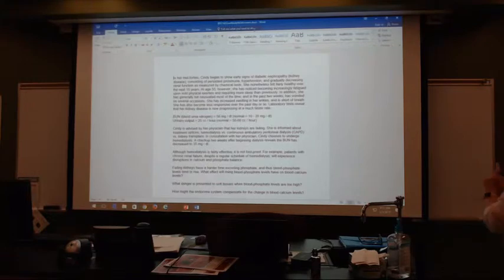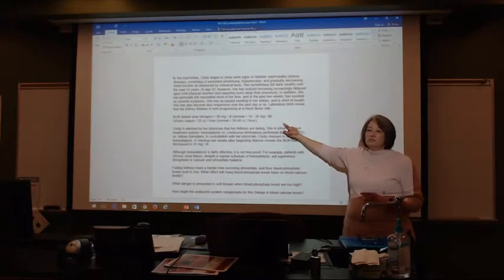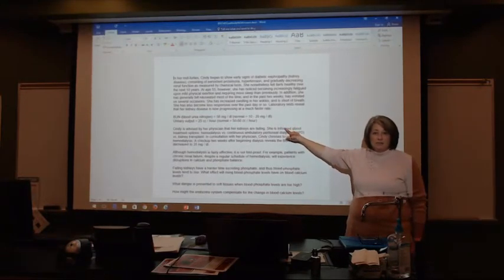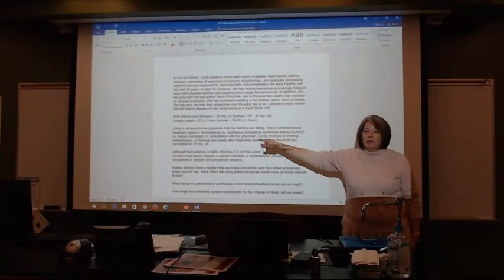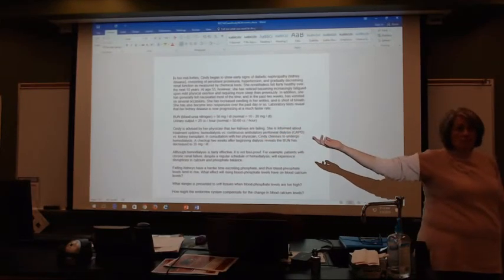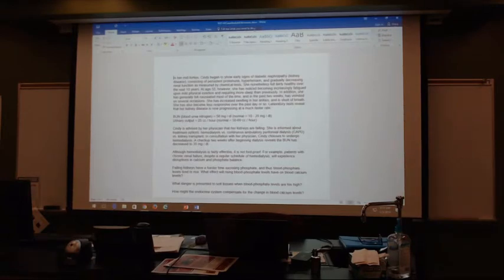Now, as we move into the chapter on the kidneys, we will learn about BUN. That is our wastes in the body. When the cells are doing their jobs, okay, making their products, one of the things that happens, they put off waste.